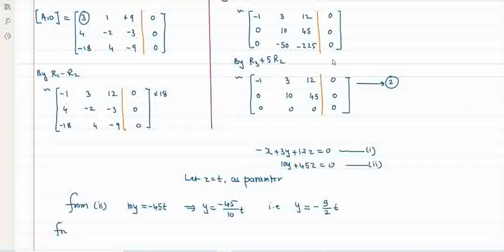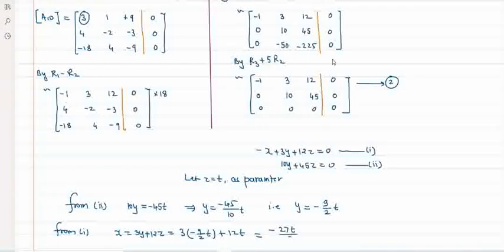And from equation 1, x is equal to 3y plus 12z. So 3 into minus 9 by 2 t plus 12t. That is 3 nines are 27t divided by 2 plus 12t.